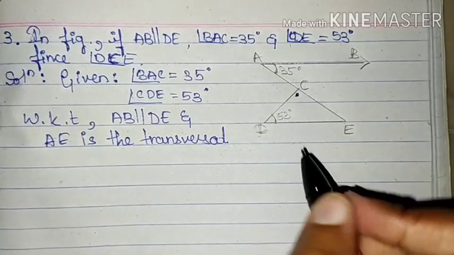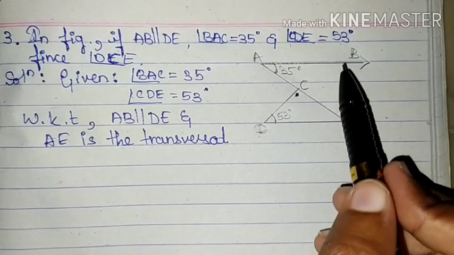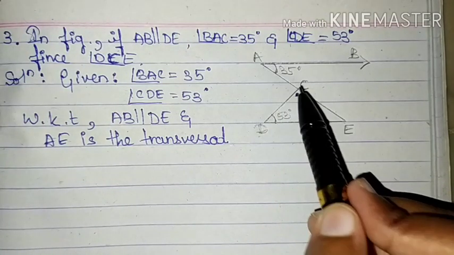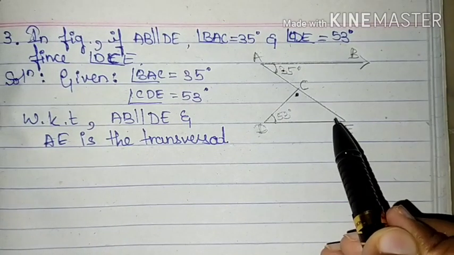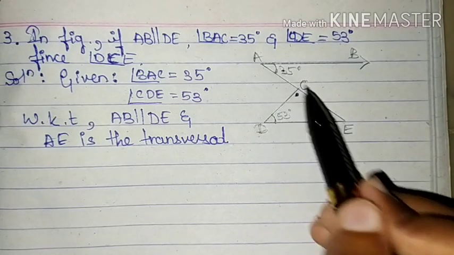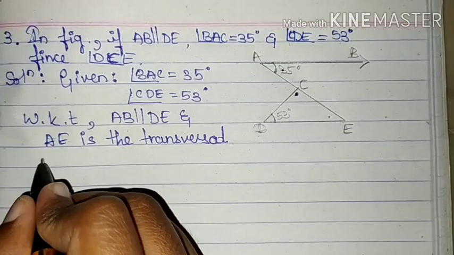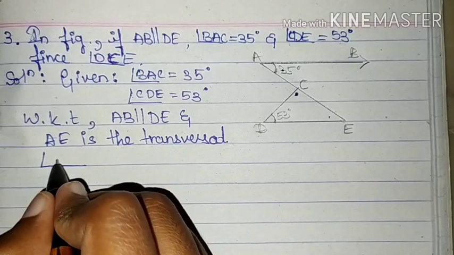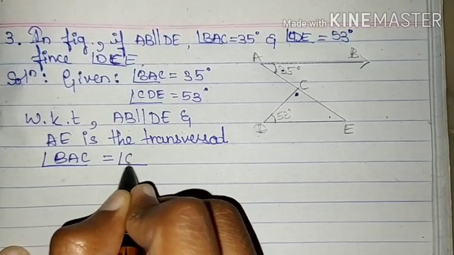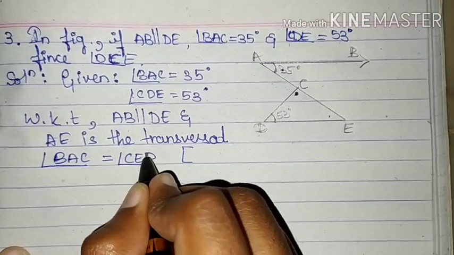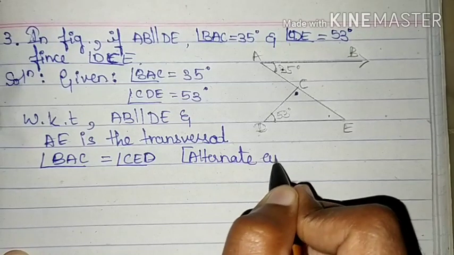Just by looking at the figure, AB is parallel to DE and AE acts as our transversal, we can see that angle BAC is equal to angle CED. This angle of 35 degrees will be equal to this angle because they are a pair of alternate interior angles. So let's write it down. Angle BAC is equal to angle CED because they are alternate angles.